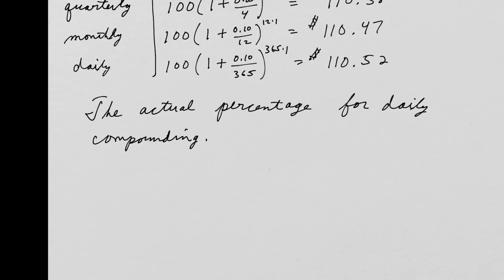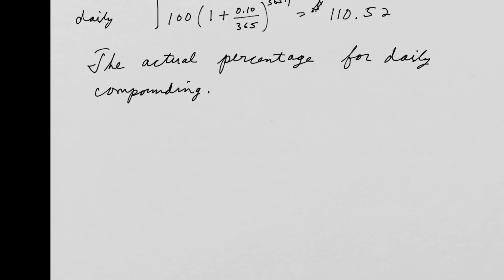I'm just going to do it as if you're solving a percent increase or percent decrease problem, right? So if you want to find the percent increase, well, I started at $100 and I ended up after 1 year having $110.52, for daily compounding. So what's my percent increase?